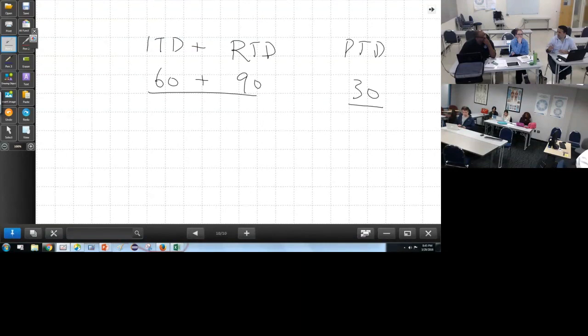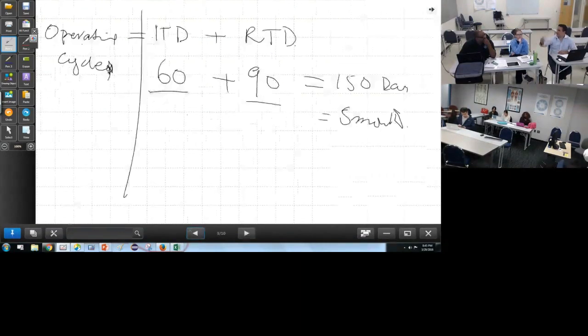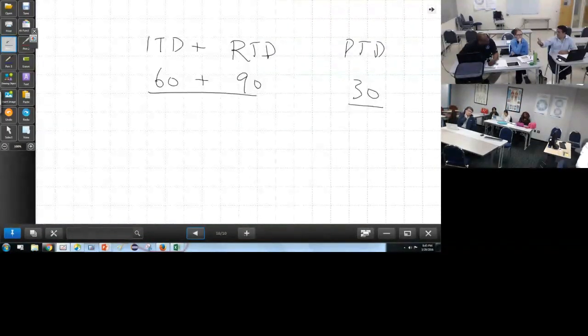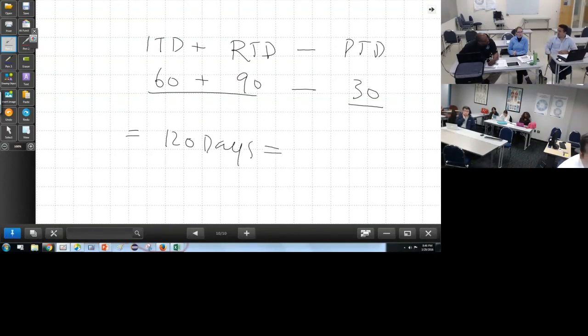So if there is no credit, as we have in this case, our cash is going to be stuck for 5 months in the operating cycle. But in this case, what happens is that when we buy the inventory, we buy it on credit, so we don't have to pay right now. We will pay after 1 month. So we need to subtract this 1 month. And this is going to be how much? 4 months, or how many days? 120 days, or 4 months.